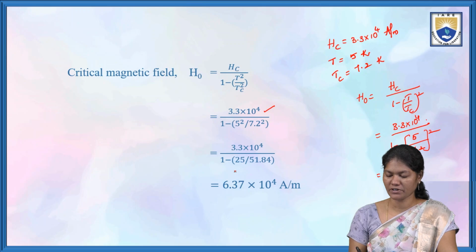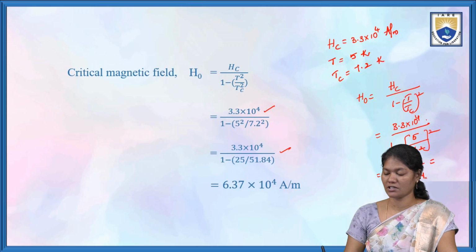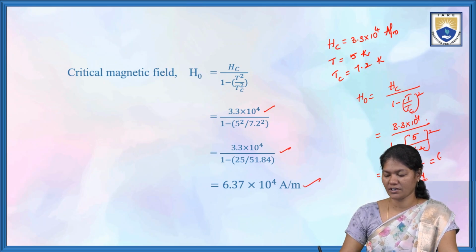Simplifying this, we get 3.3 into 10 power 4 divided by (1 minus 25 by 51.4). When simplifying this expression, we get 6.37 into 10 power 4 ampere per meter.